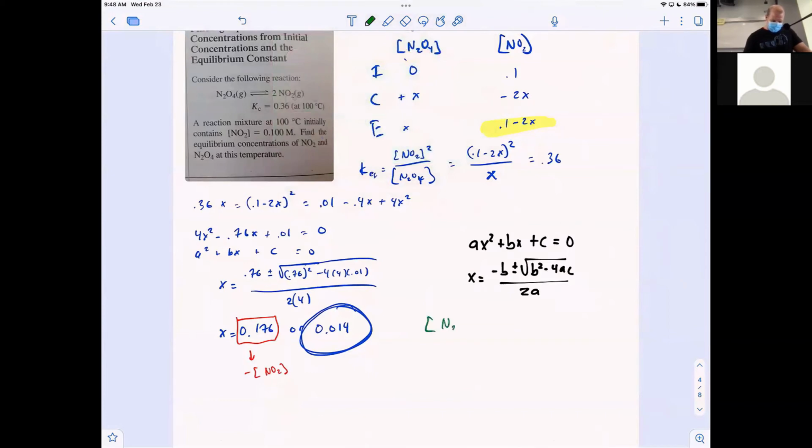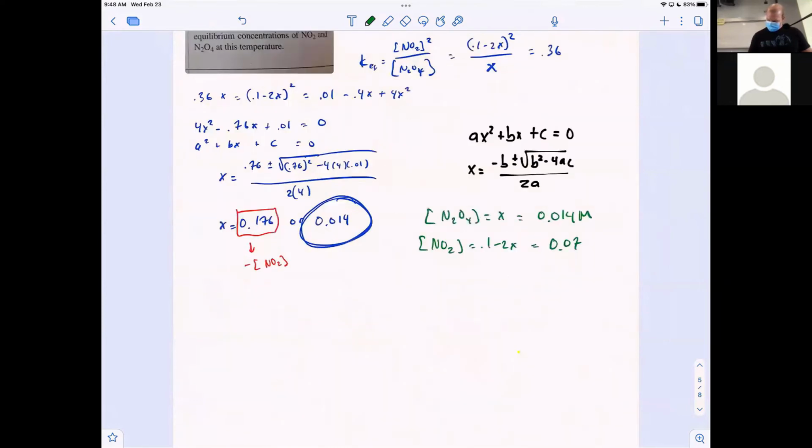The concentration of N2O4 is equal to x, which equals 0.014 molar. And then the concentration of NO2 is equal to 0.1 minus 2x, which equals about 0.07 molar.